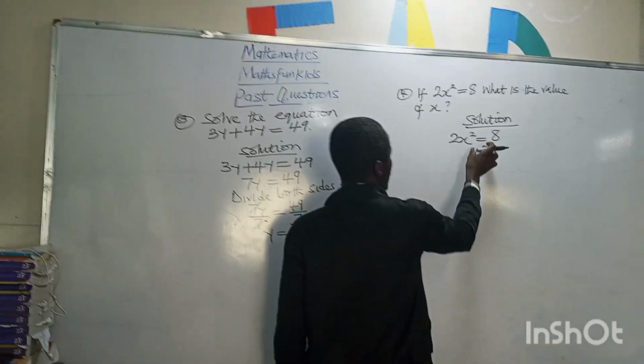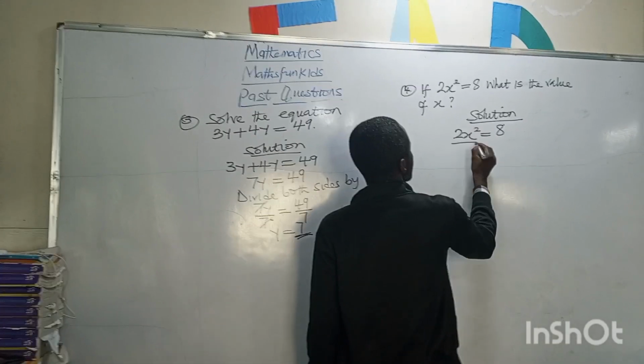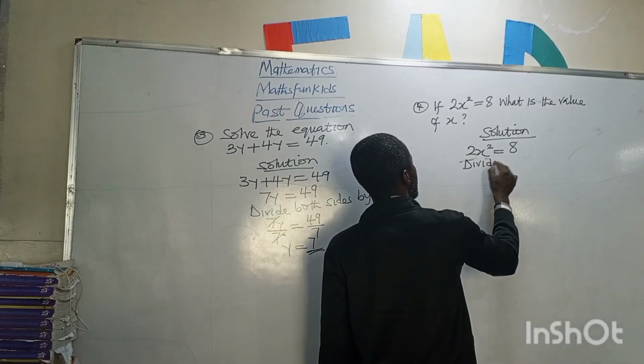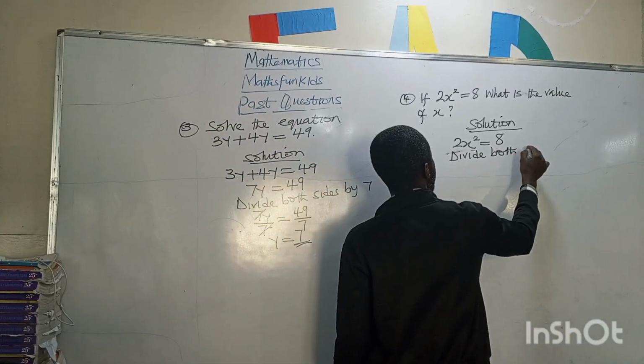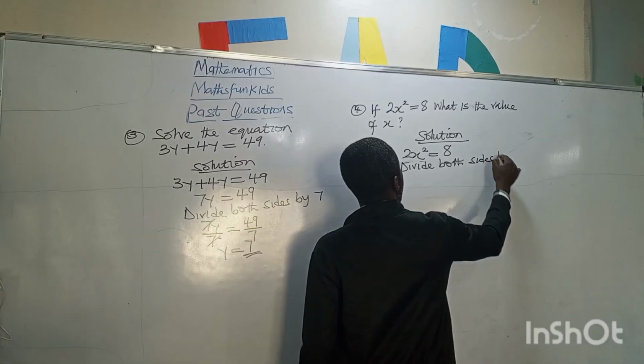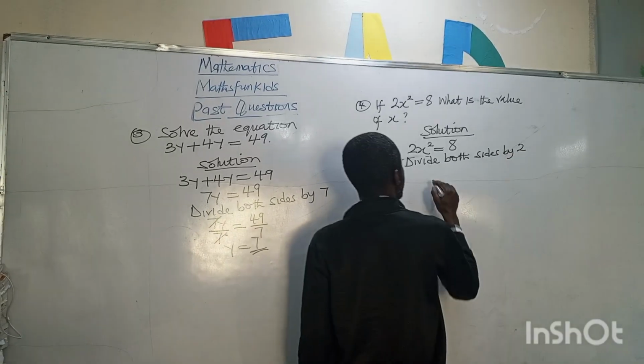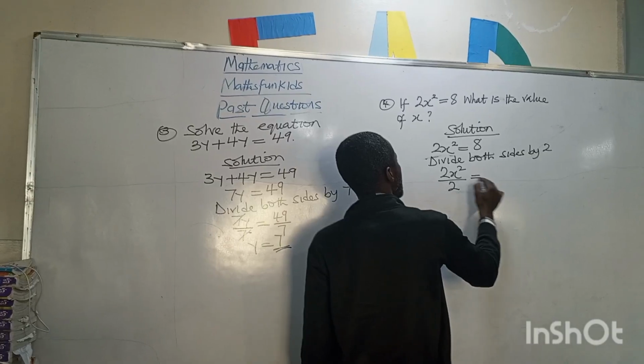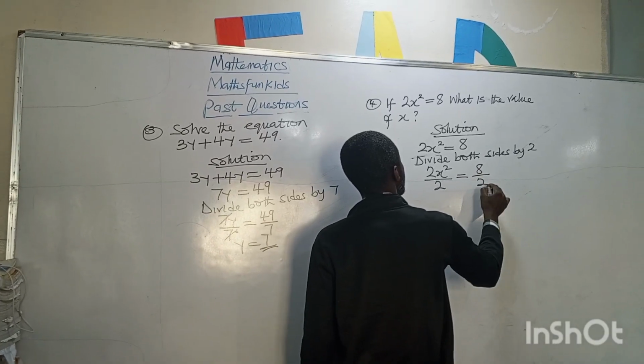So the first thing you are going to do is to divide both sides by 2. So you have 2x squared over 2 equal to 8 over 2.